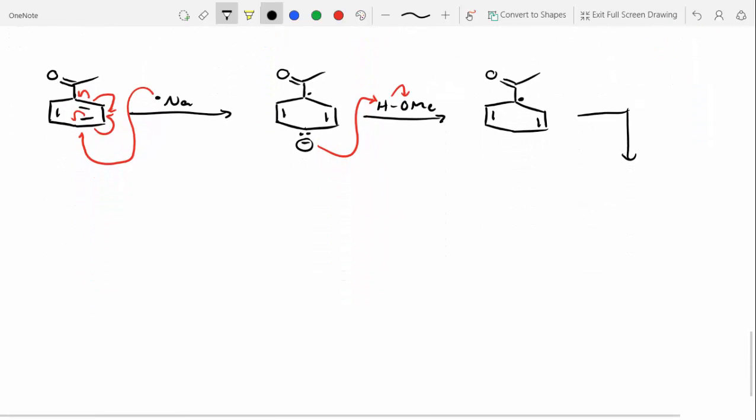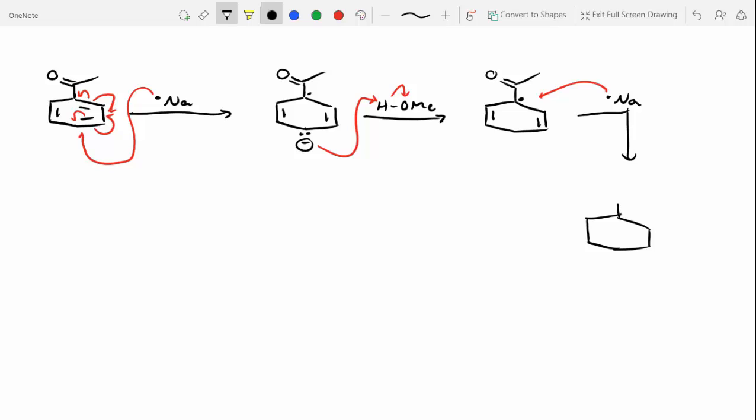It needs another electron, right? It's assumed that we have excess sodium around, so this sodium will donate its electron. If there's no excess sodium, you just stop there. Yeah, but radicals are inherently really unstable, so it desperately wants to pair that electron as much as possible.